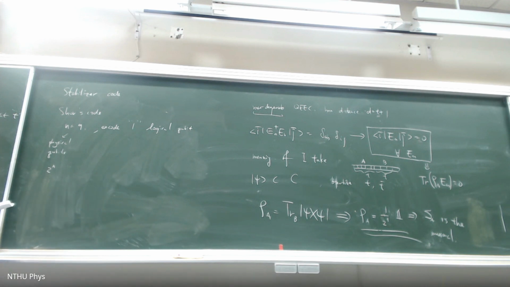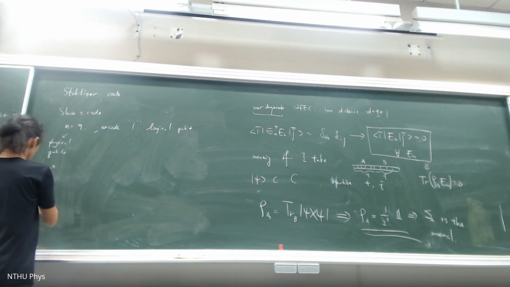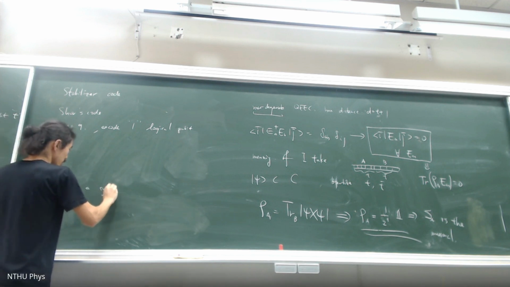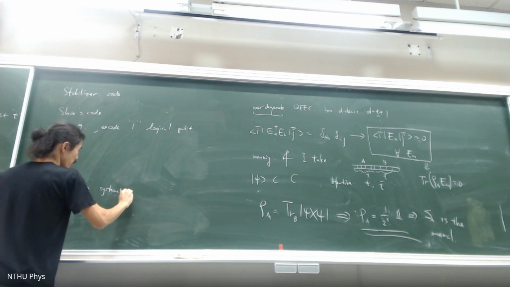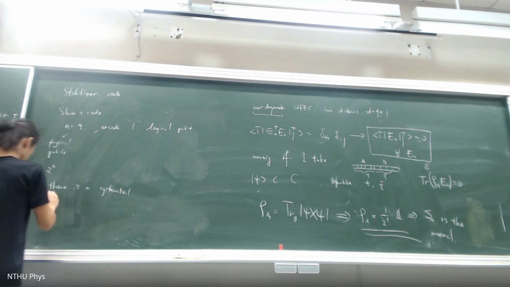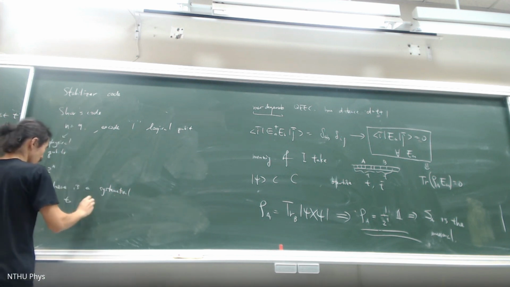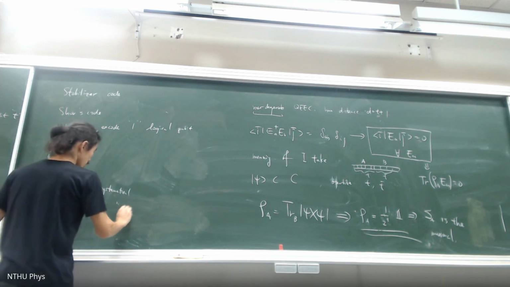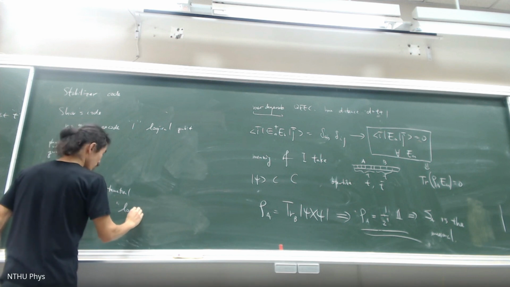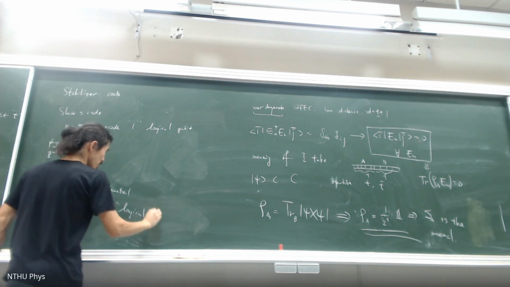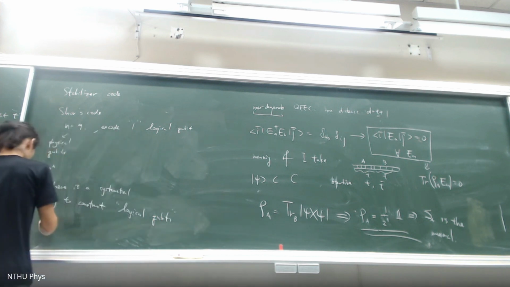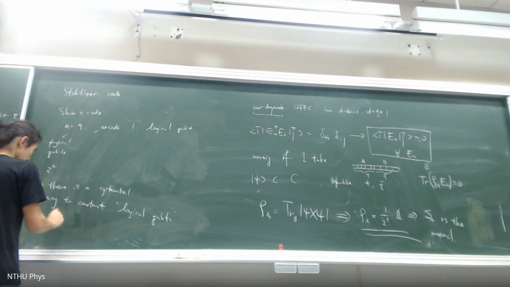It's called the stabilizer state. So the idea is there is a way to construct a logical qubit by some formalism, by stabilizing.